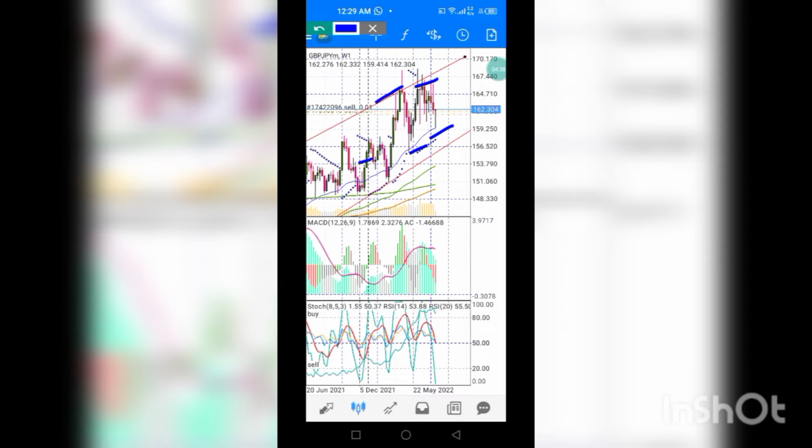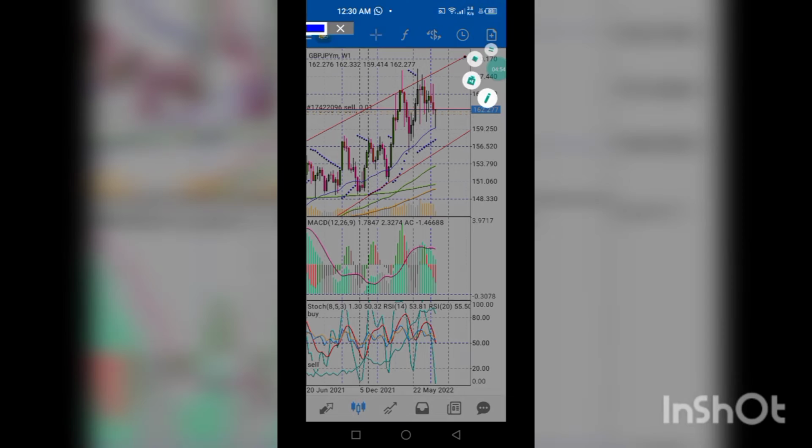So if you want to place a trade, as you can see, the market is making a pullback. For most of you that don't know what a pullback is, the market will come down right here, retest, and push up again.